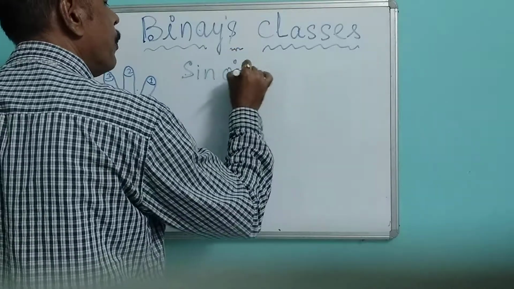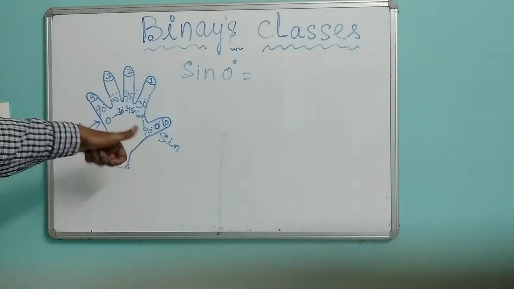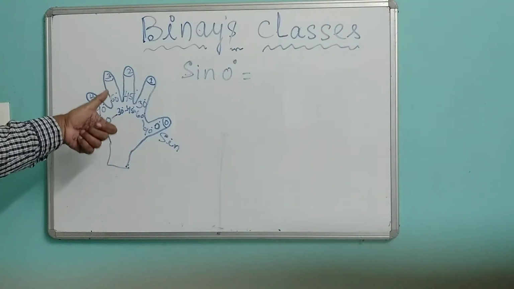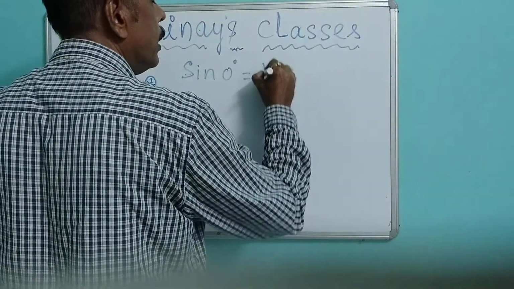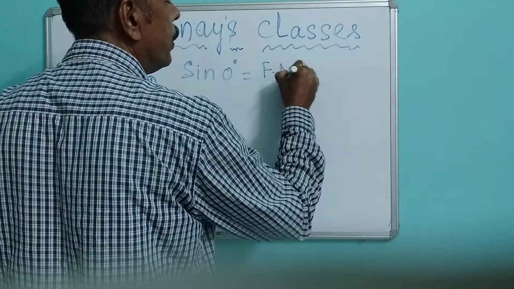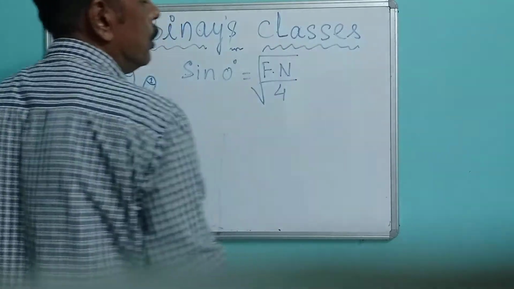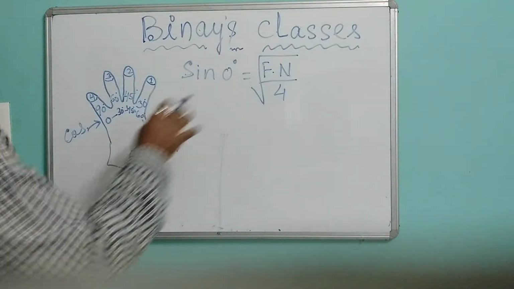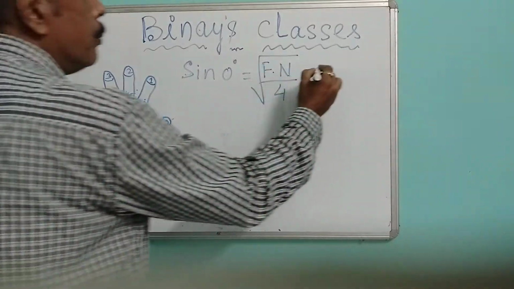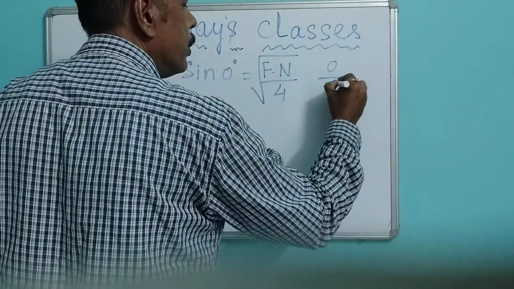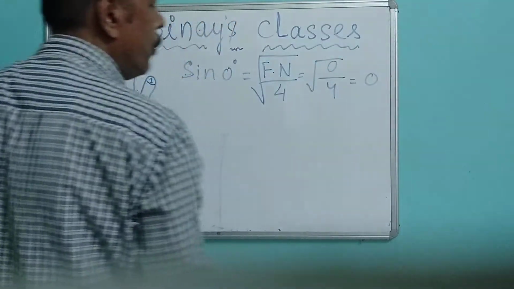As our fingertips formula says, you only have to remember this: finger number by 4, whole root over. So for sine 0, the finger number is 0 here. 0 by 4 root over will give you 0.